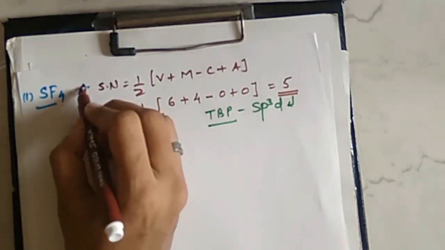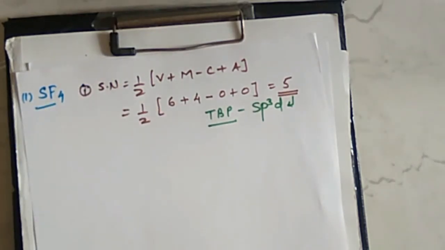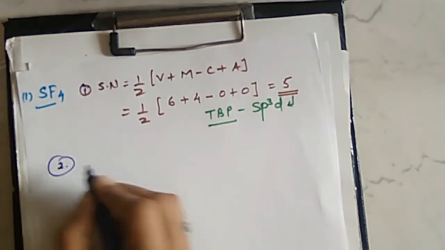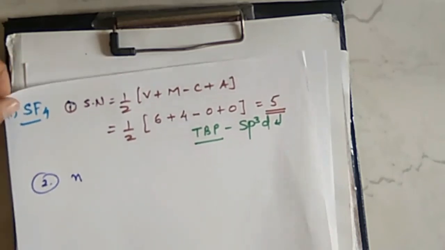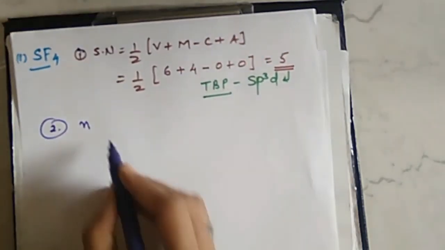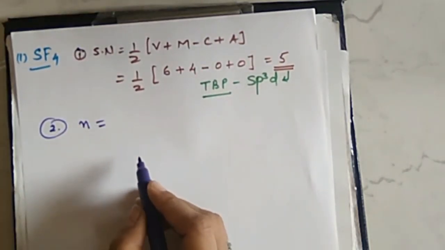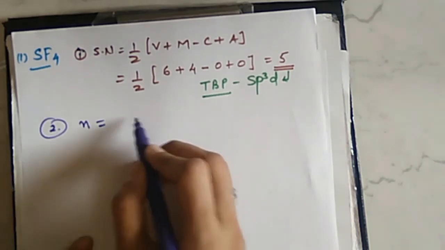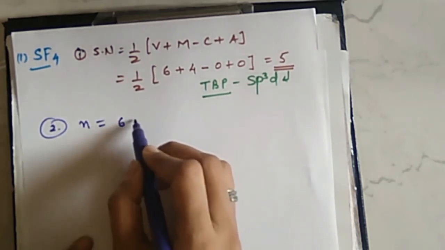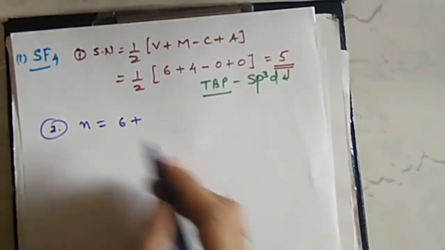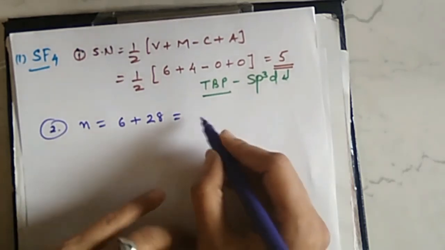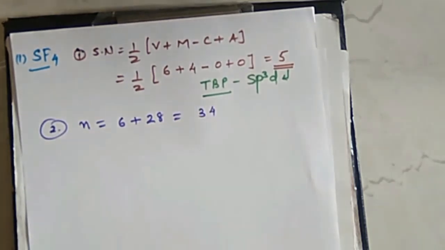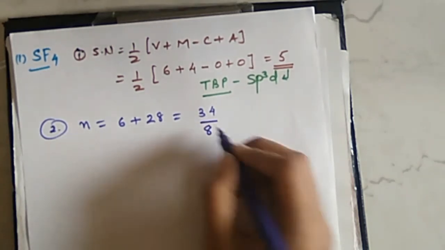If we take the second method, we calculate the total number of valence electrons on the given molecule, all the atoms present. So sulfur, 6 plus fluorine 7 into 4, so 28, so that is 34 divided by 8.